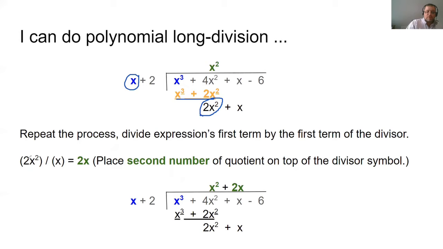So 2x squared divided by x gives me 2x. I take that 2x and I put it as the second number of the quotient. That's the pattern. Dividing, placing, multiplying, subtracting.